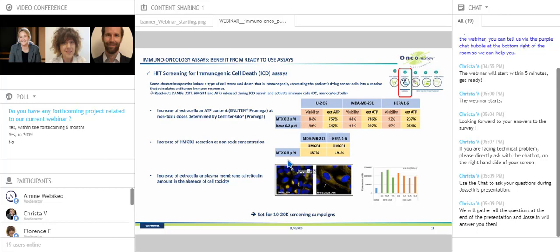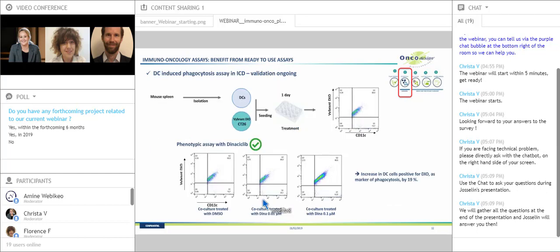And you can observe the same trend regarding the HMGB1 and the calreticulin. This kind of assay has been designed and is now in production in our Paris facility, and we can run screening campaigns of up to 20,000 compounds.